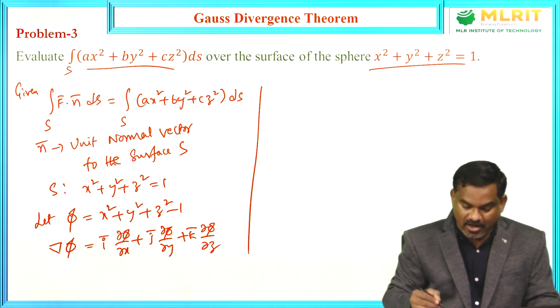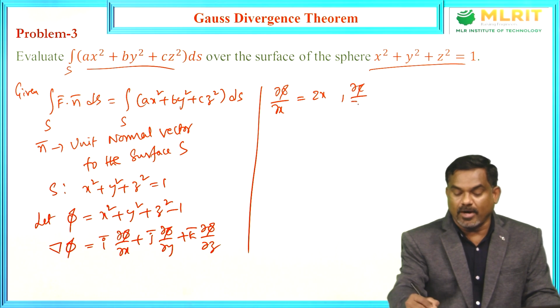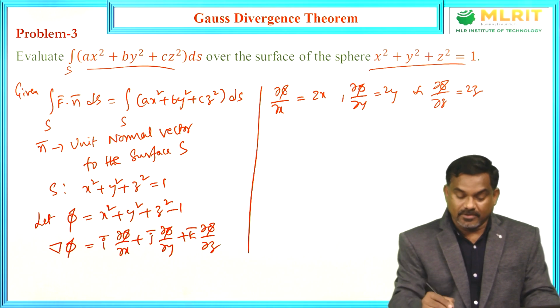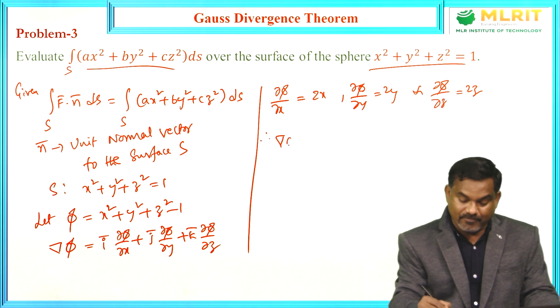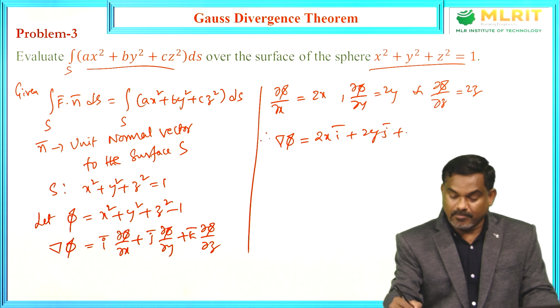Here ∂φ/∂x is 2x, ∂φ/∂y is 2y, and ∂φ/∂z is 2z. Therefore the normal vector del φ is 2x ī + 2y j̄ + 2z k̄.